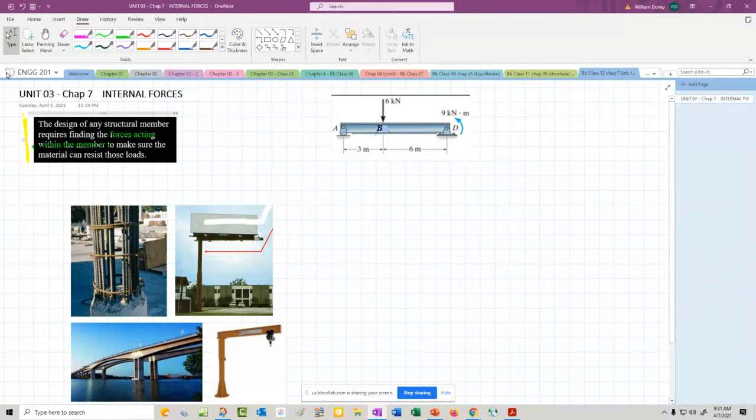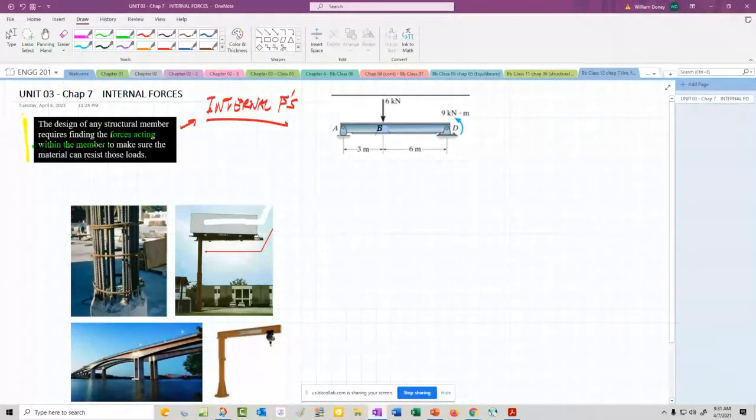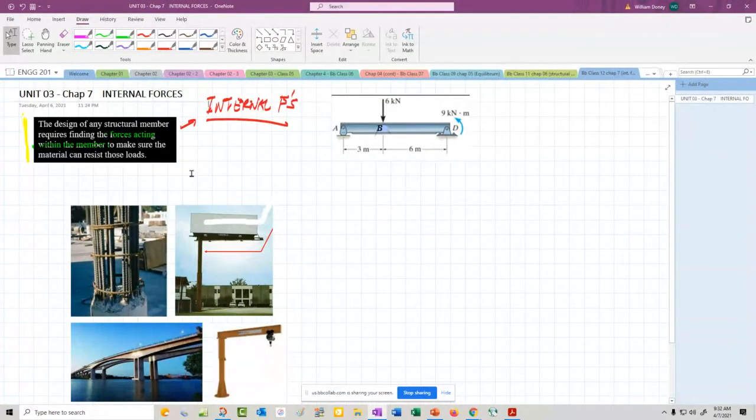The forces inside the member are going to be known as the internal forces. So we want to know what's happening inside the structure, not on the structure. Everything up until now has been external loading on the structure, on the beam, on the member, on the truss frame, whatever.